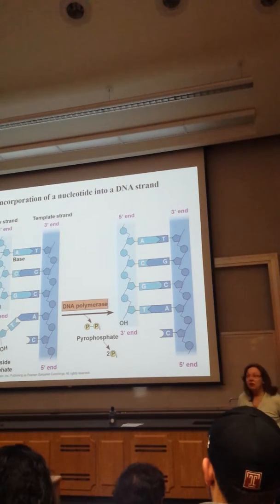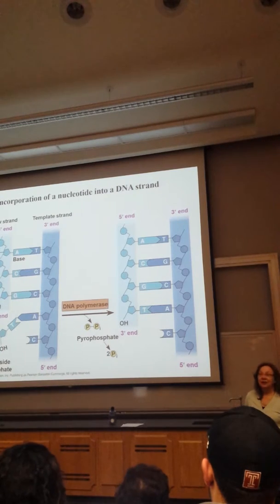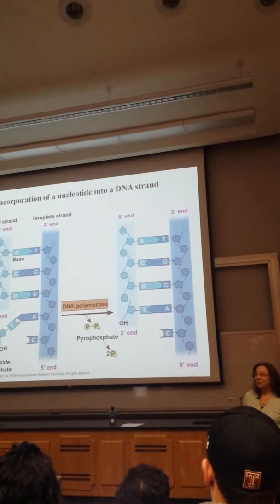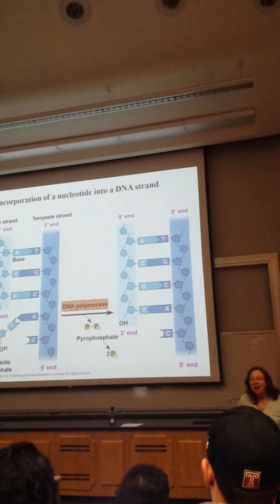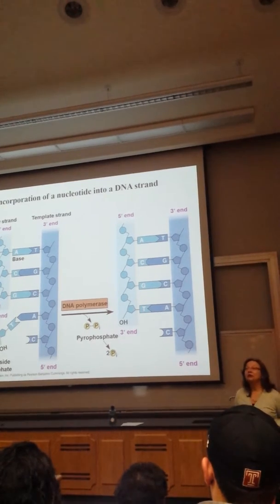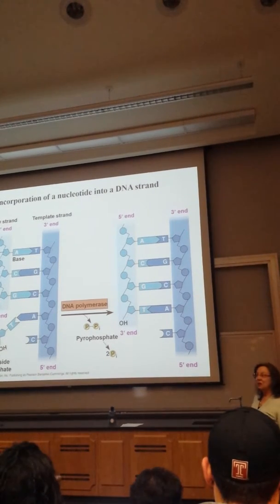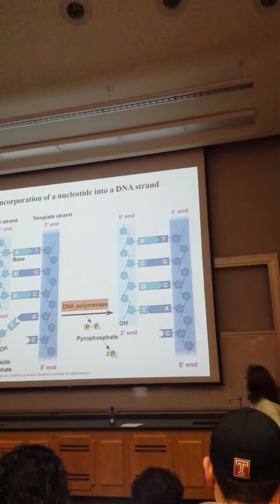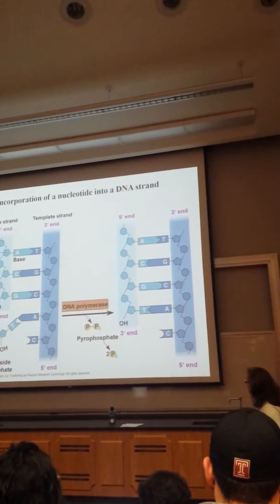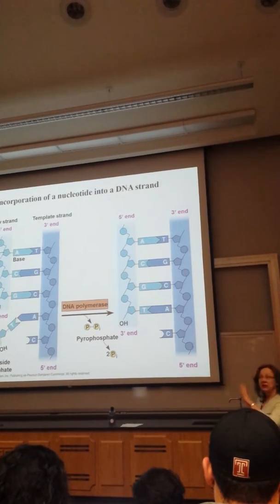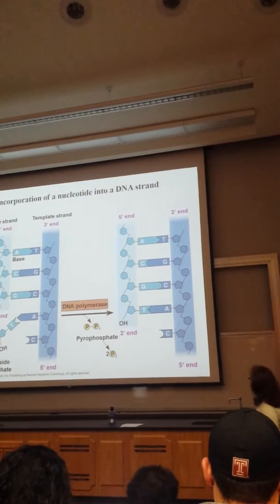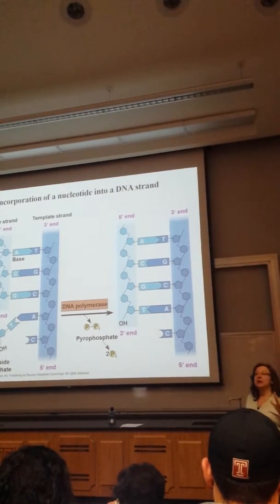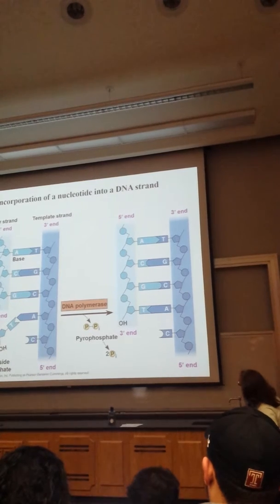And is this a dehydration synthesis? No, it is not. It is a phosphoryl transfer. And remember, your book is not right in that. This is a phosphoryl transfer. It is not a dehydration synthesis. A water molecule is not split off in this process.